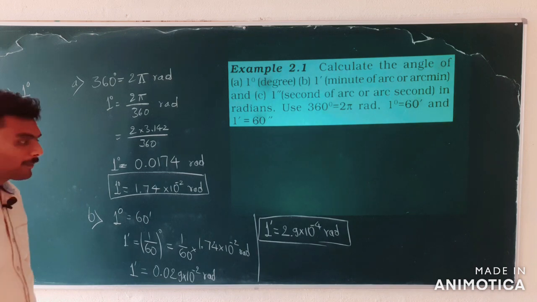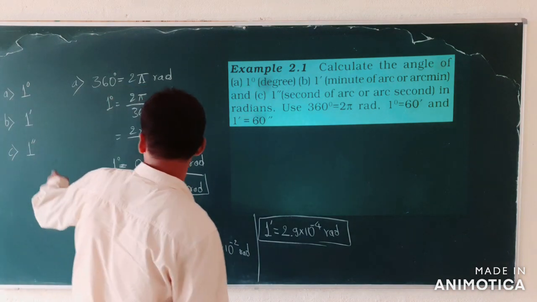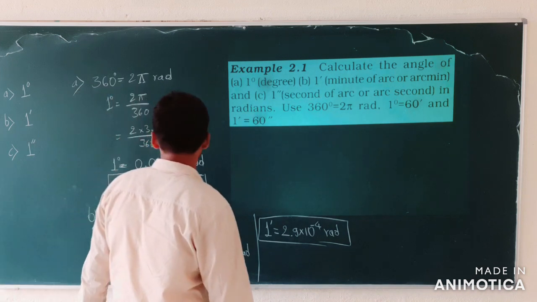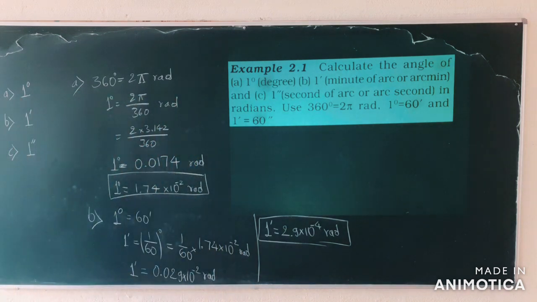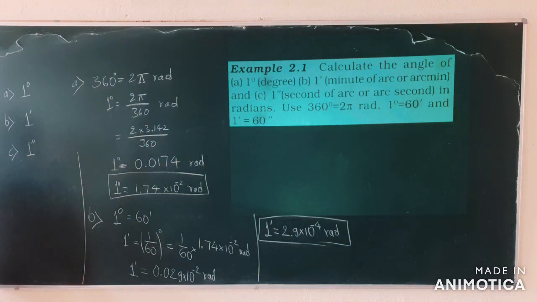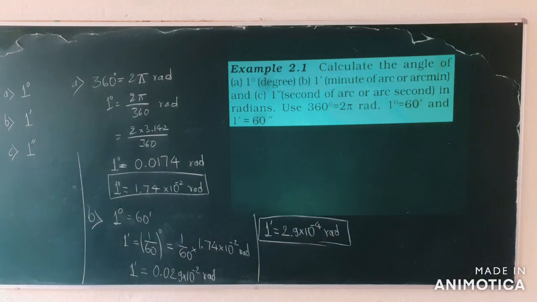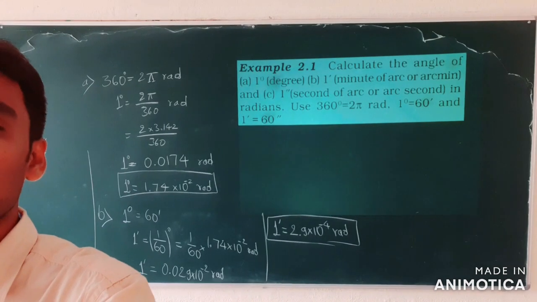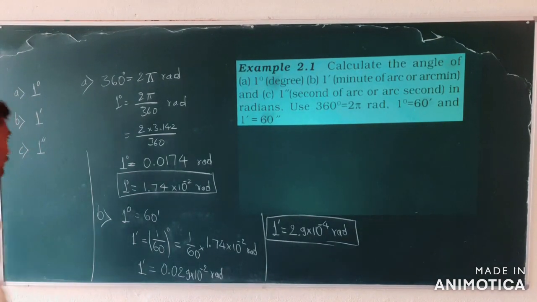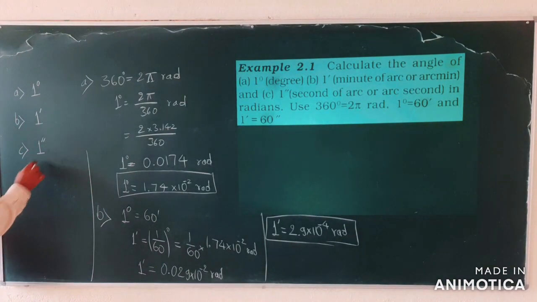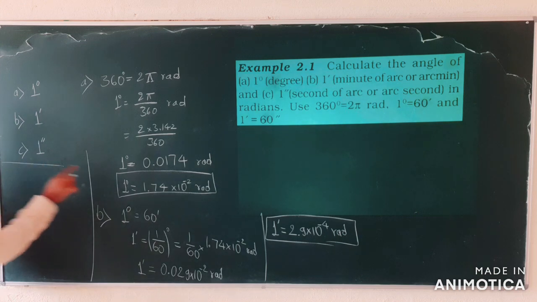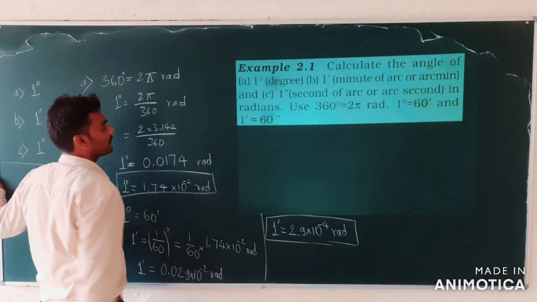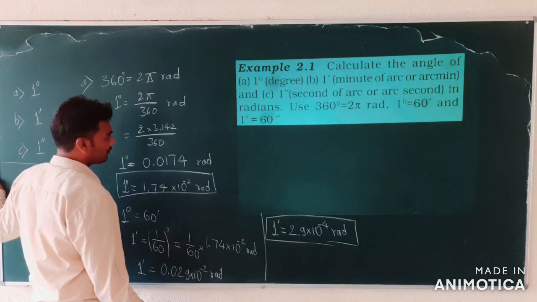Moving ahead, the third sub question asks us to convert 1 second, or express 1 second in radians. So, what is given? 1 minute is equal to 60 seconds is what is given. It is actually arc second or arc minute.